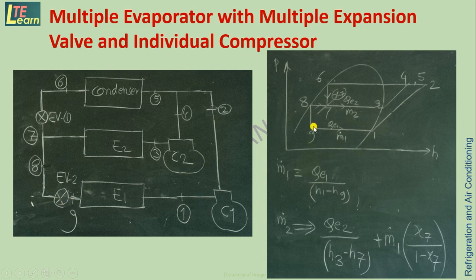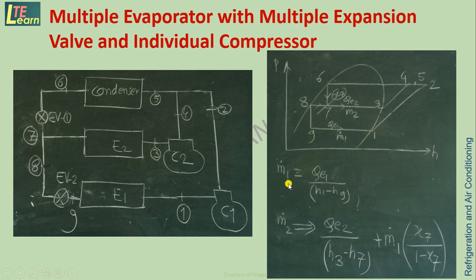So 8 to 9 means in this case, because of multiple expansion valves, we find separate expansion or throttling processes: 6 to 7 across first expansion valve and 8 to 9 across second expansion valve. So these two separate throttling processes occur because of multiple expansion valves.